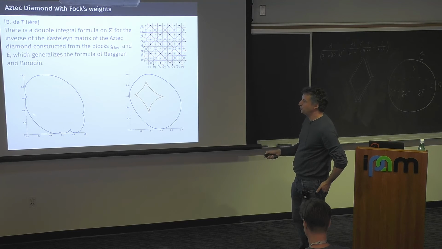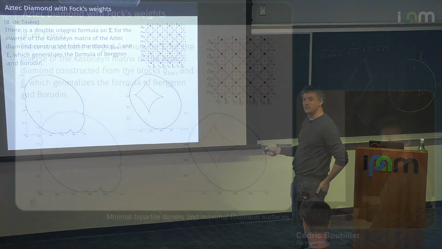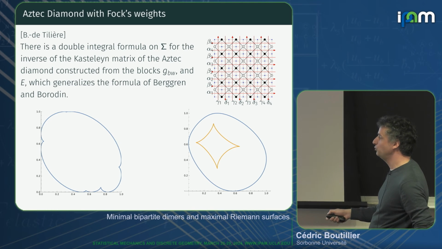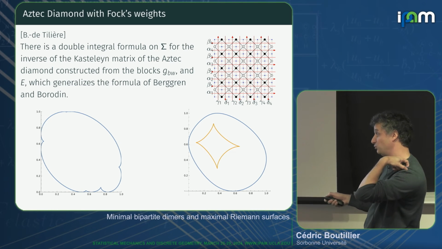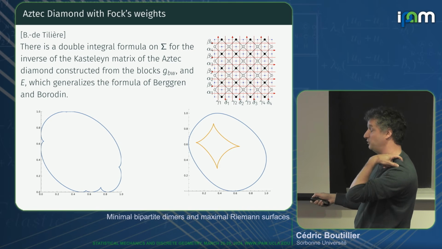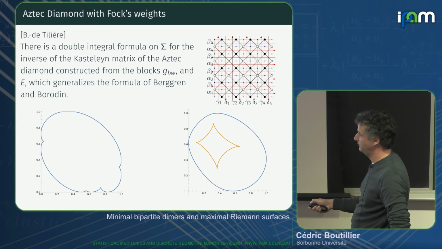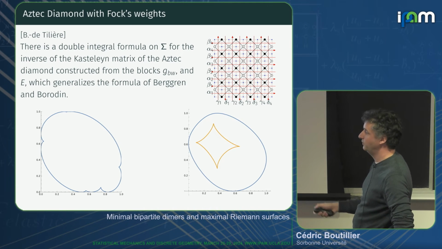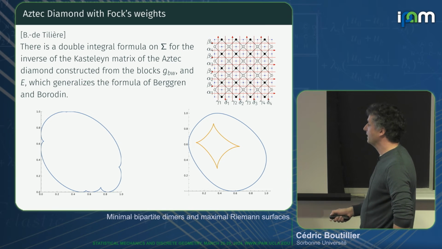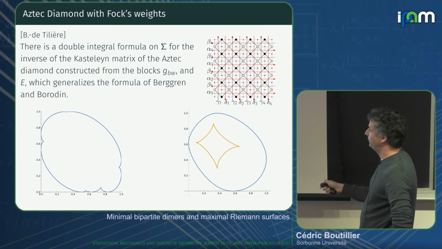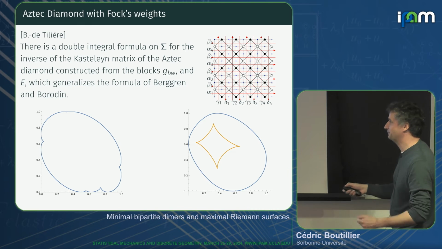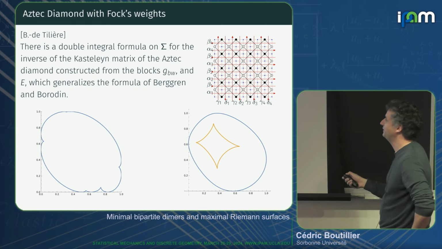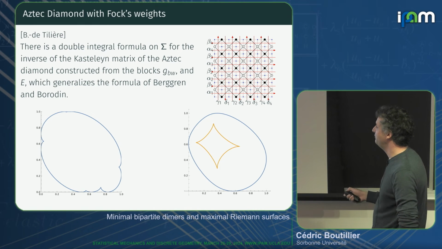So this is a 2x3 periodic case, but with critical weights. So if you had generic weights, this would be a genus 2 surface, but here you get something which is just a single rational curve. And this is a situation like the quasi-periodic situation that Sasha mentioned before.